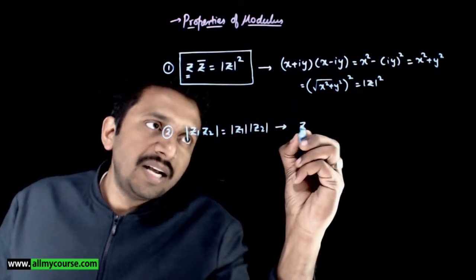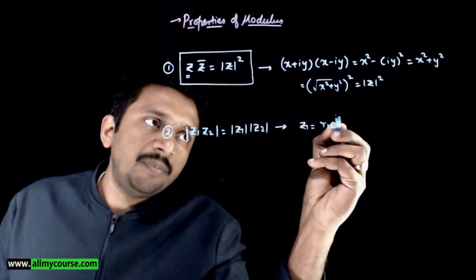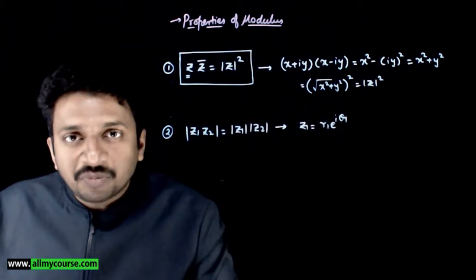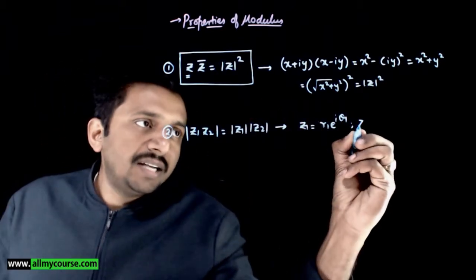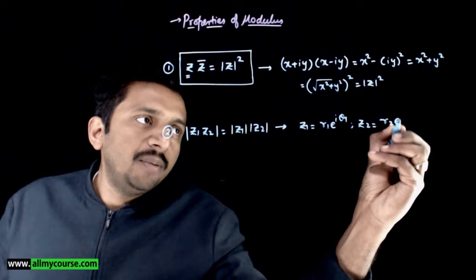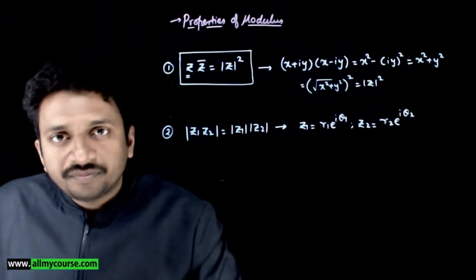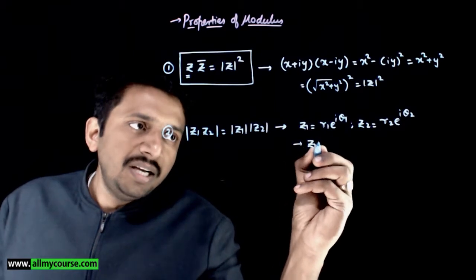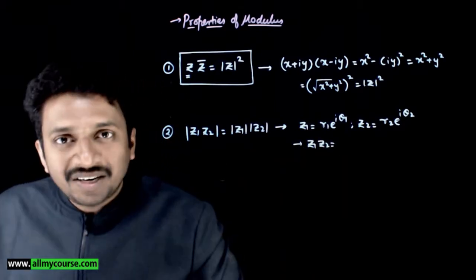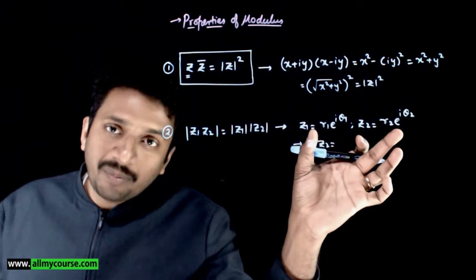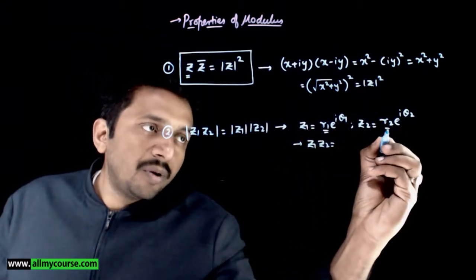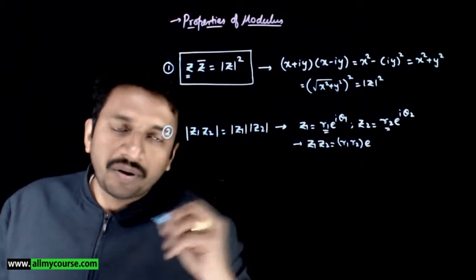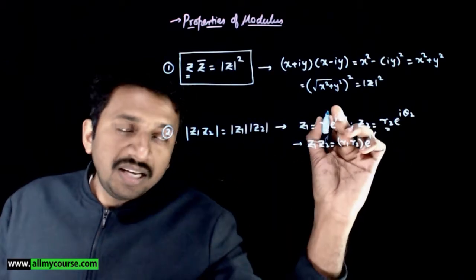If you take z1 is equal to r1 into e power i theta 1, where r1 is the modulus and theta 1 is the argument, and z2 is equal to r2 e power i theta 2, what is z1 into z2? You just need to multiply these two. r1 and r2 are real numbers, so they get multiplied separately: r1 r2 times e power i times theta 1 plus theta 2.